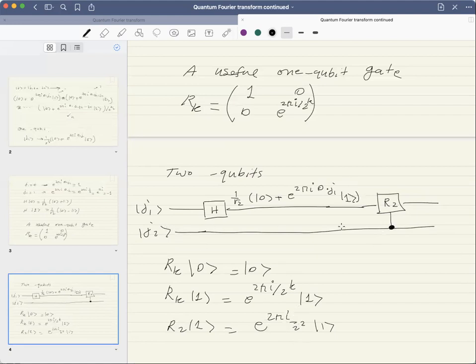And when J2 is equal to 0, I don't do anything. I don't make any change.